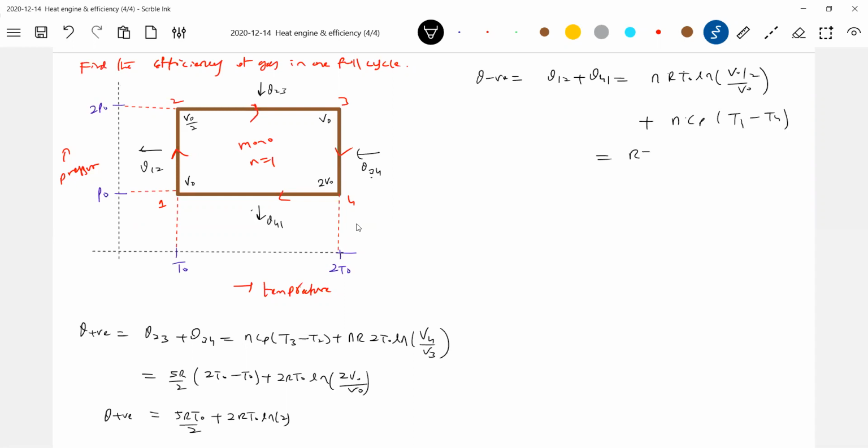Number of moles T naught log of 1 by 2. So therefore this will be minus log 2. Number of moles 1, 5R by 2, T1 minus T4. So minus R T naught log 2.